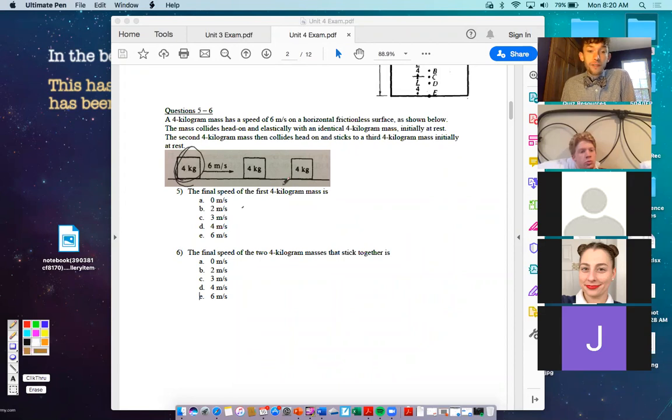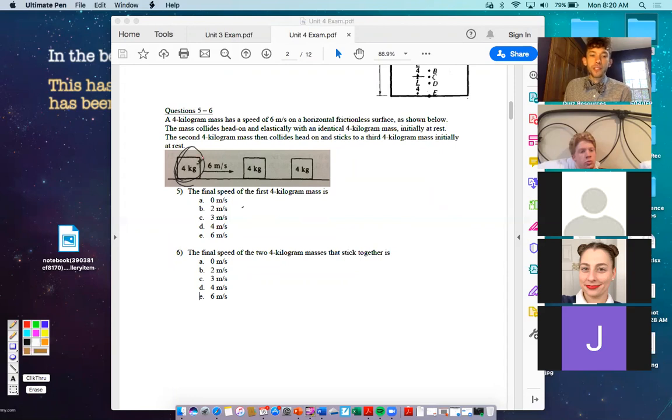There's a really simple way of doing this and a really complicated way of doing this. The complicated way would be to use your 2 equations that you have for perfectly elastic collisions and solve for the final velocities. The simple way is to recognize that whenever you have 2 objects of the same mass colliding perfectly elastically, that means that they just switch velocities.